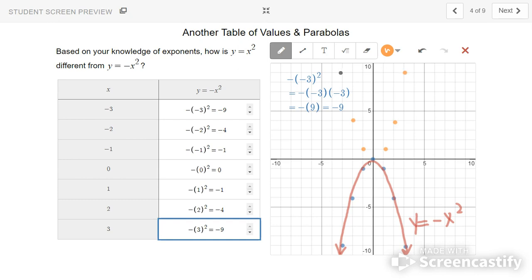This was the original graph that we were dealing with on the previous page. So we had y is equal to +x squared. You'll notice that the difference now is we have a parabola that was opening up, and this parabola opens down.